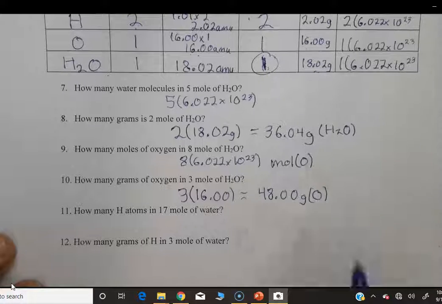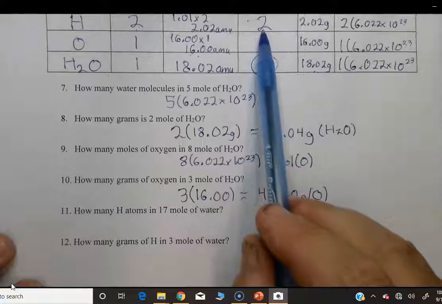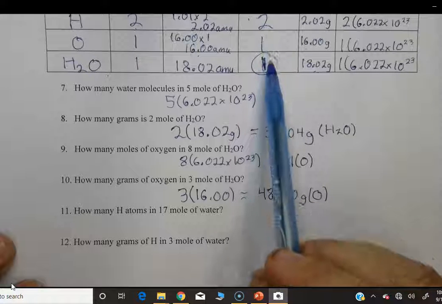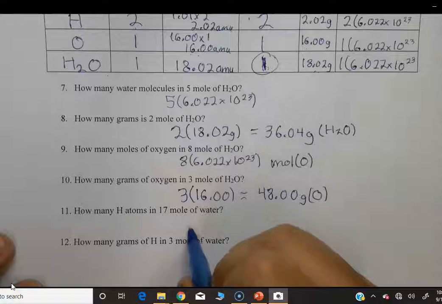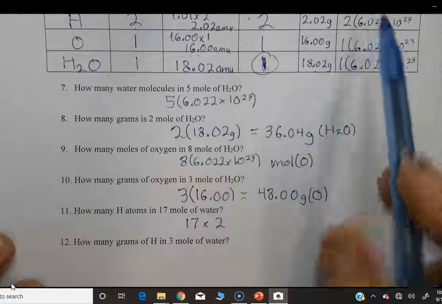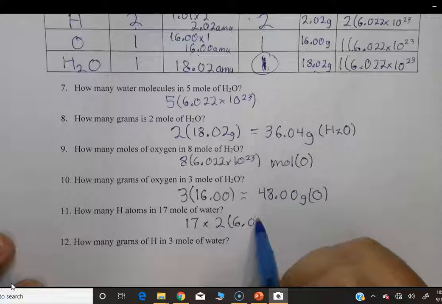Okay, how many hydrogen atoms in 17 moles of water? Okay, so for every 1 mole of water, there's 2 moles of hydrogen. So if I want 17 moles of water, I need 17 times 2. And to know the number of actual atoms, you have to multiply that by Avogadro's number.